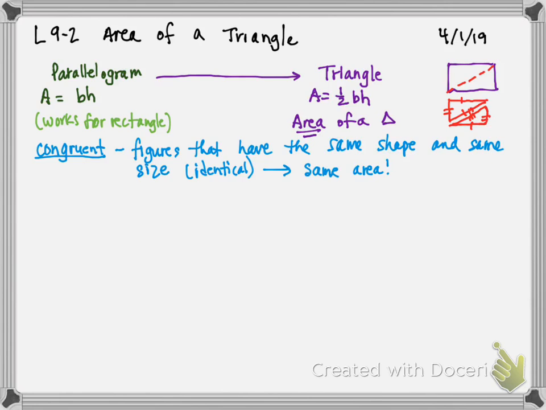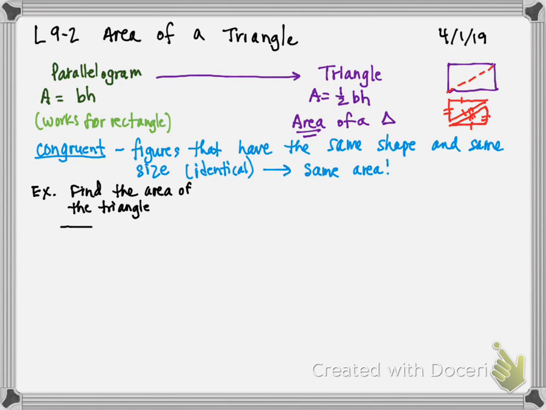Okay. So we're going to do two examples. I think we can fit them on this page. We'll see what happens. So kind of short notes here today. One is going to ask us to find area, and one is going to ask to find the missing dimension. So find the area of the triangle. And just like with a parallelogram, the base is the bottom of the triangle, and the height is perpendicular to it. Now, sometimes you can get a height that's outside the shape, sometimes inside the shape.